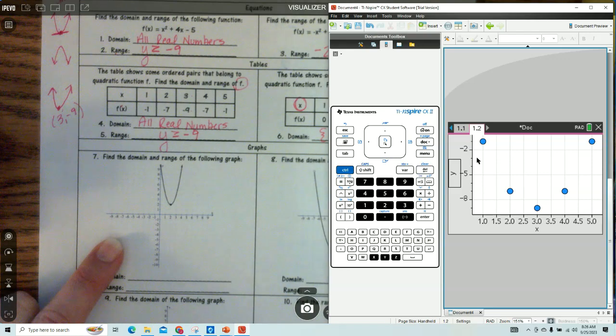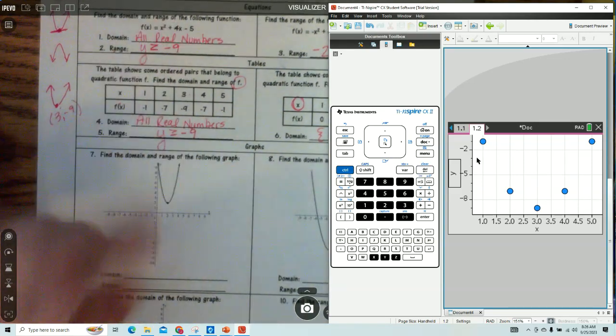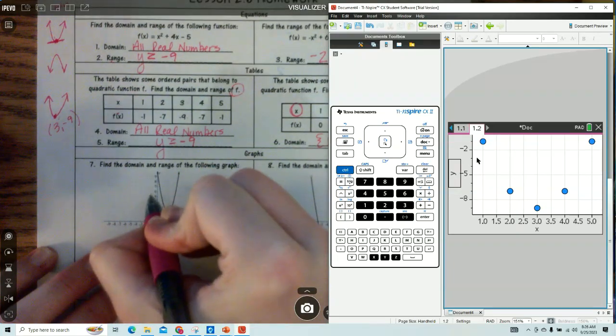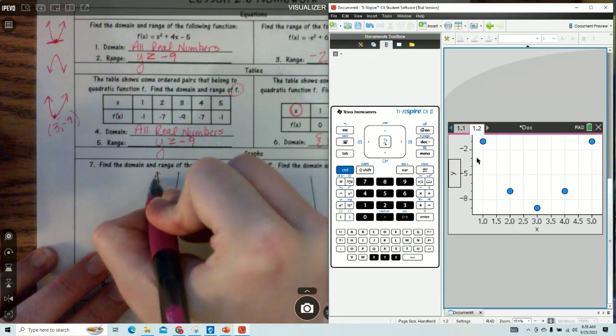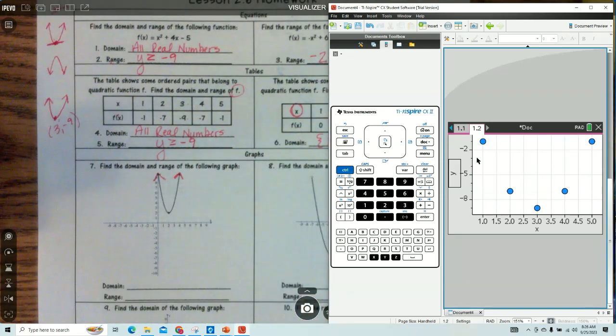So this one is real similar to this one. So I've got a graph and I've got arrows at both ends. I know it's hard to see, but they're arrows at both ends. What is the domain if we have a graph and there's arrows at both ends? All real numbers.